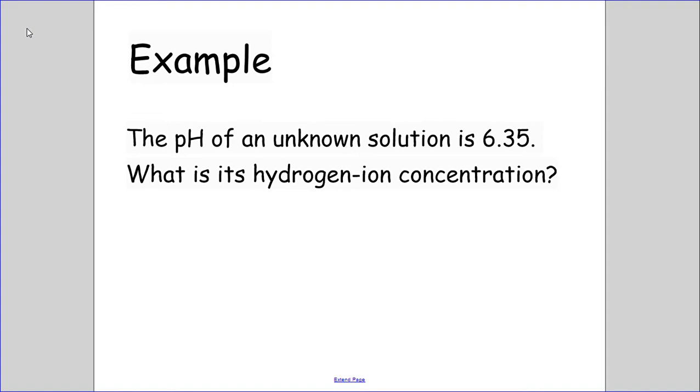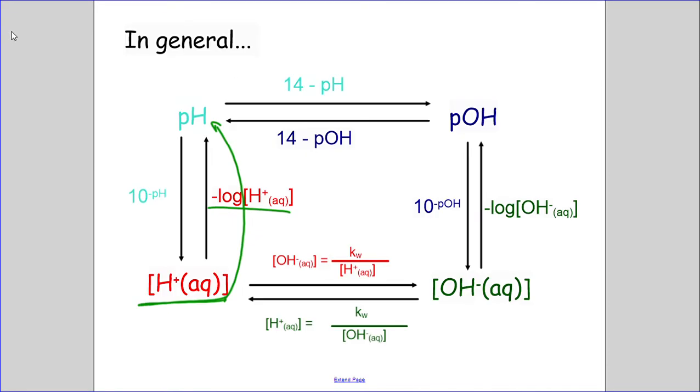Alright, so let's give it a try. Hydrogen ion concentration is what we're looking for. It gives us the pH value, and it tells us that the pH is 6.35, and we're looking for the H plus. If I look at my chart, I can see that now I have to go backwards from what I had before.